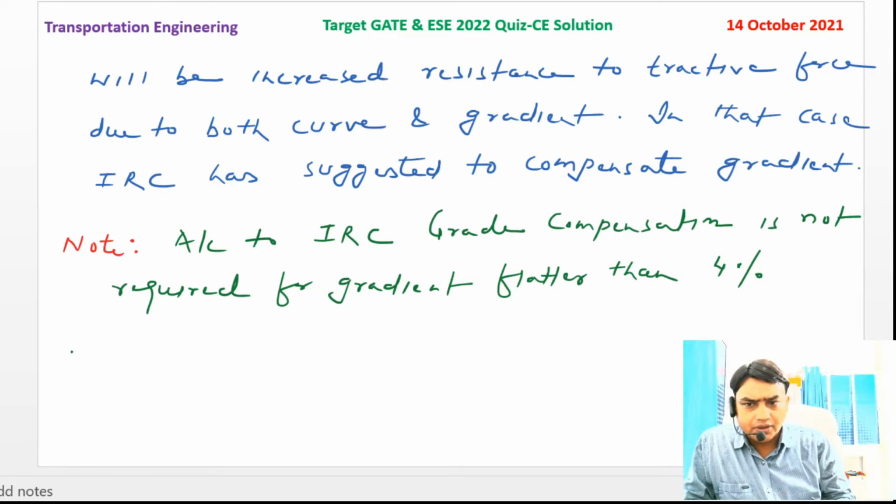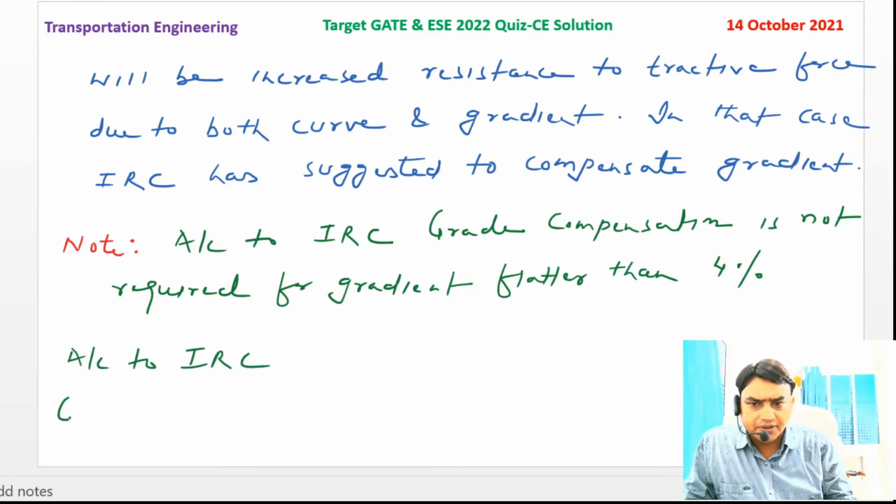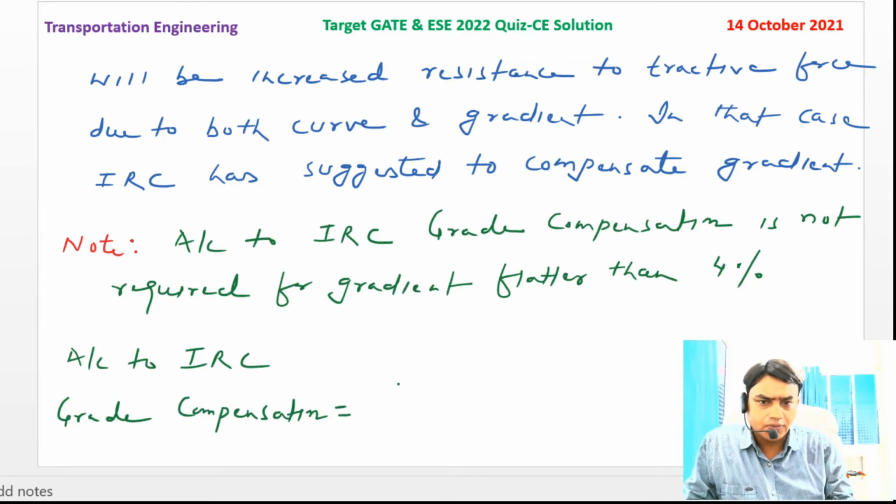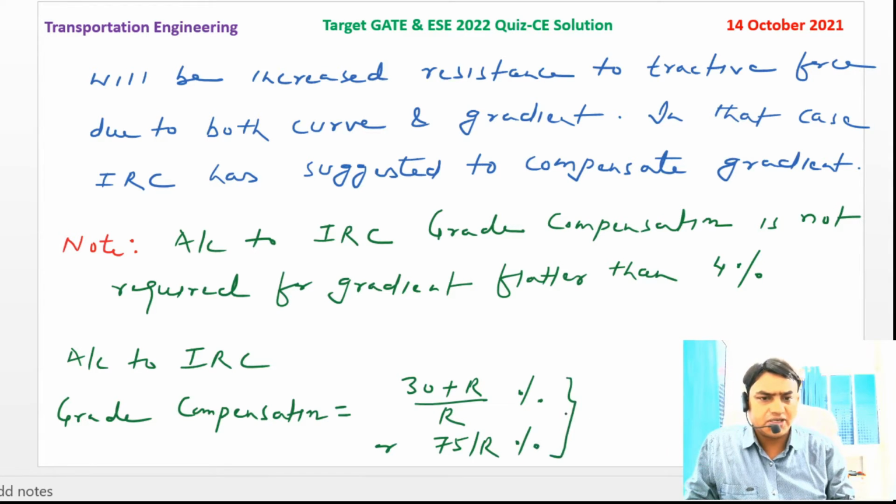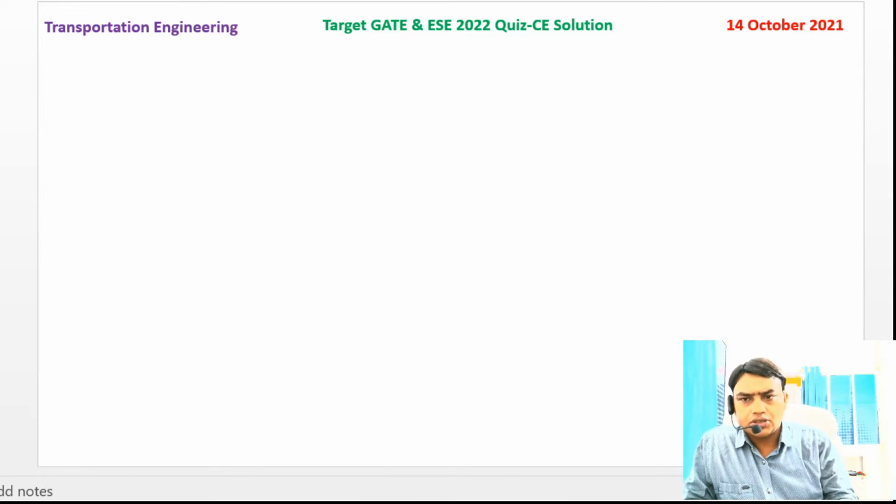According to IRC, grade compensation is equal to (30 + R)/R, or a maximum of 75/R in percentage, whichever is minimum, whichever is less. In the question, the radius of the curve is given, that is 50 meter.